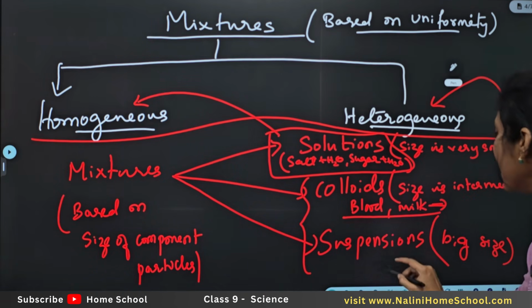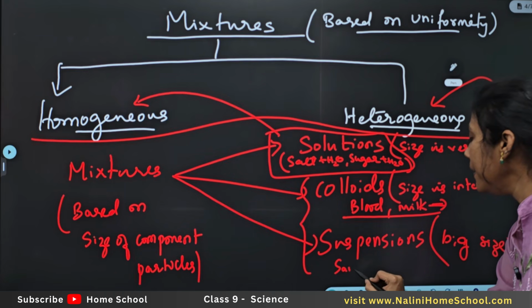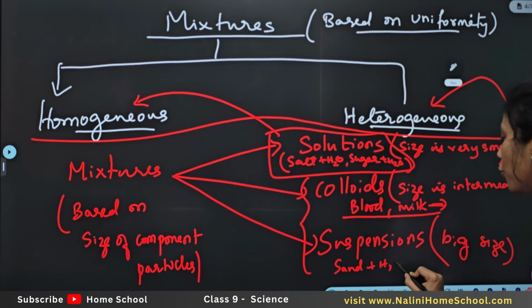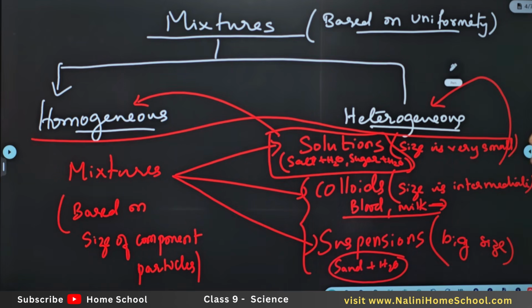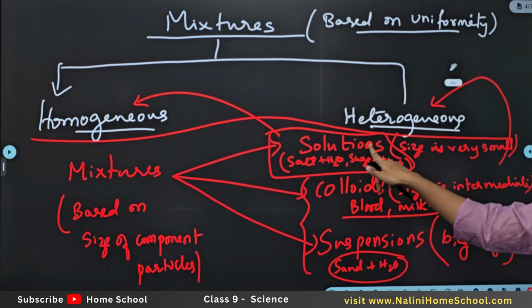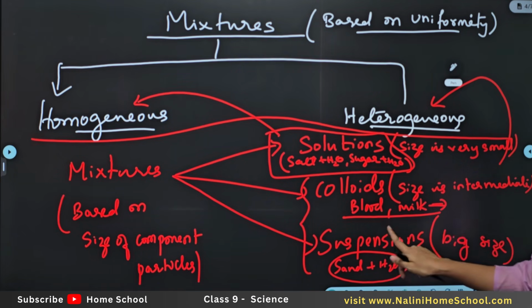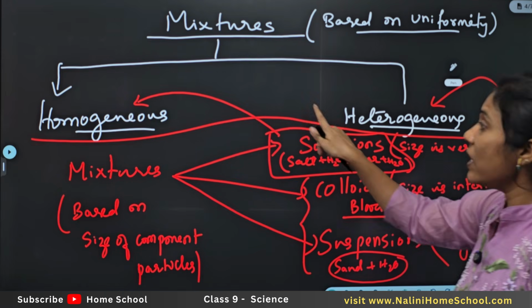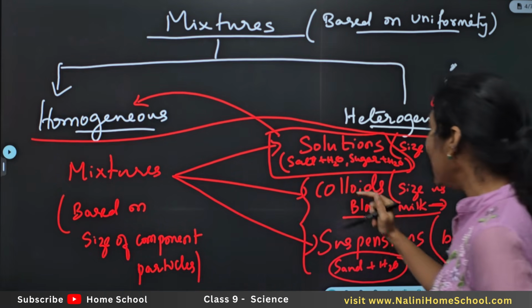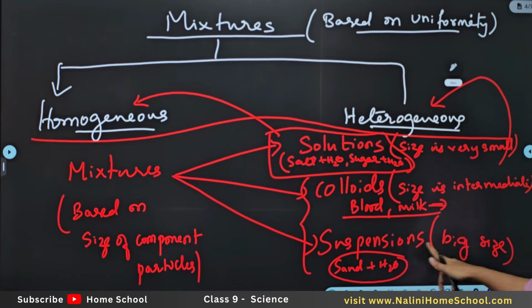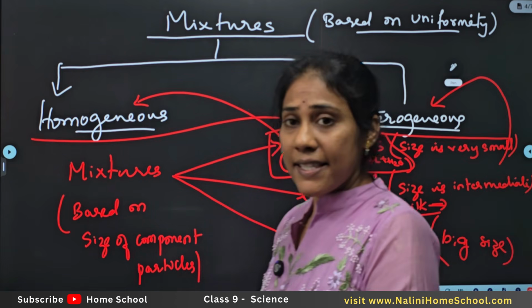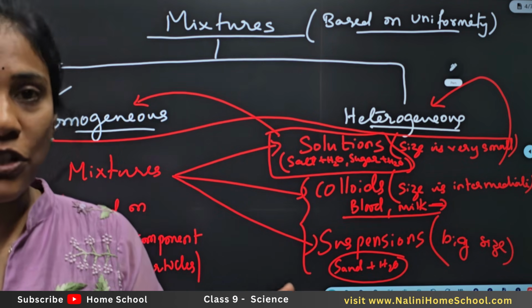And for the suspension, the sand plus water mixture that I have shown can be an example for suspensions. Hope you understood the difference between solutions, colloids and suspensions. Solutions behave as homogeneous type, and colloids and suspensions behave as heterogeneous type. Try to remember a few examples under each category that I have given. So this is all about the classification of mixtures.